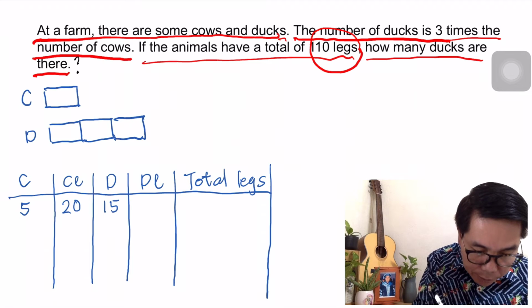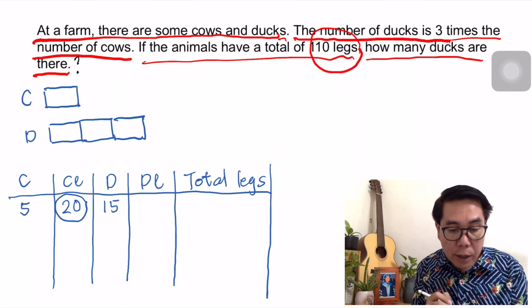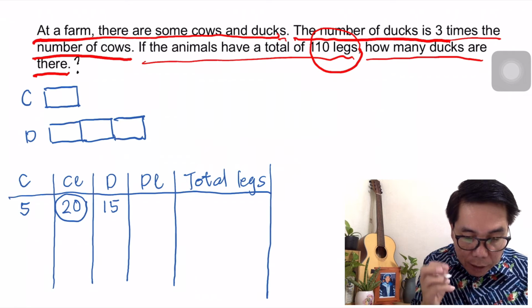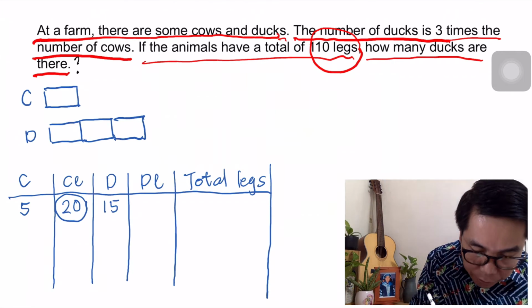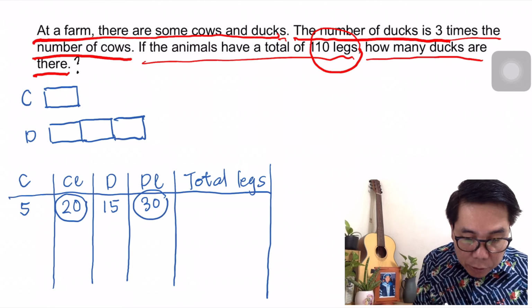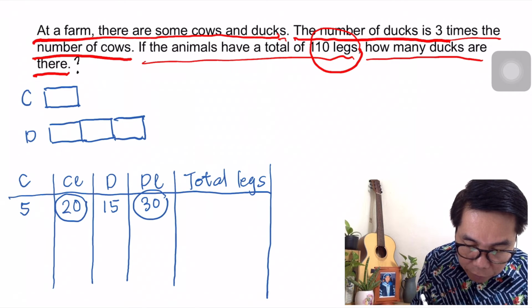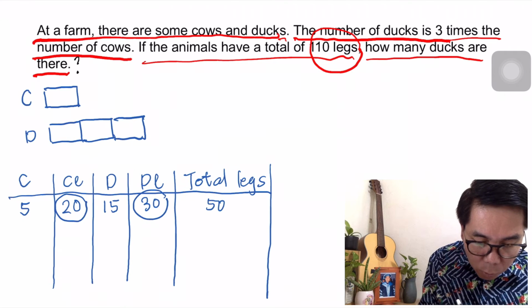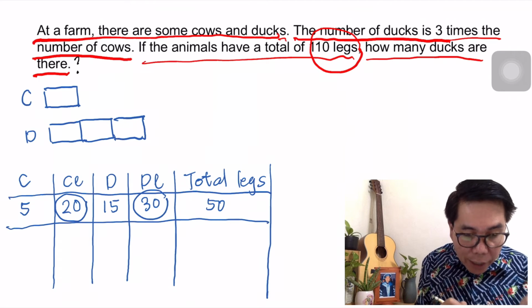I'm going to circle this one. And if there are 15 ducks, each duck has 2 legs, so 15 times 2 is 30. If we put them together, 20 plus 30, there are 50 legs. We're looking for 110. Why not double that 5 cows?